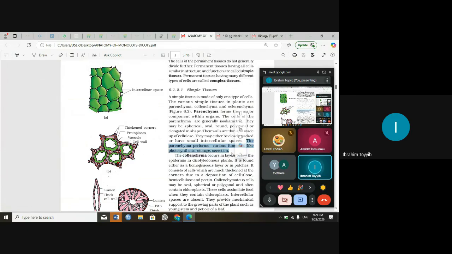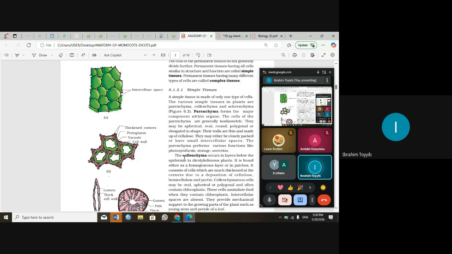It performs various functions like photosynthesis, storage, and secretion. So you know now that parenchyma is an example of permanent tissue under simple tissue. That functions in photosynthesis, storage, and secretion. We are still going to look at the structure in general.